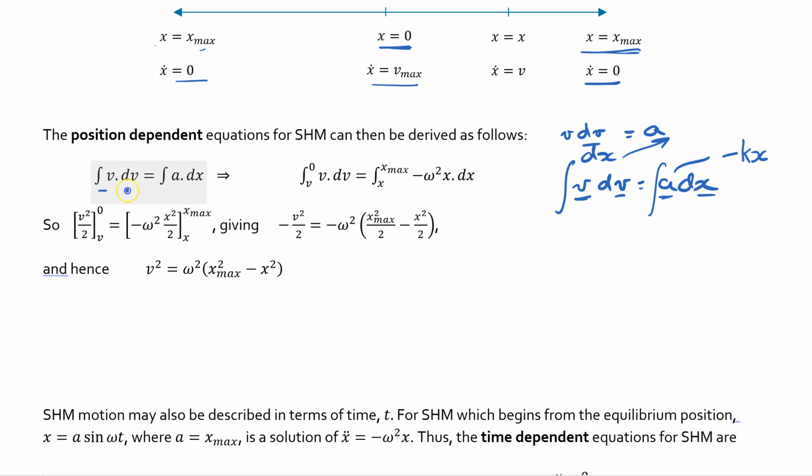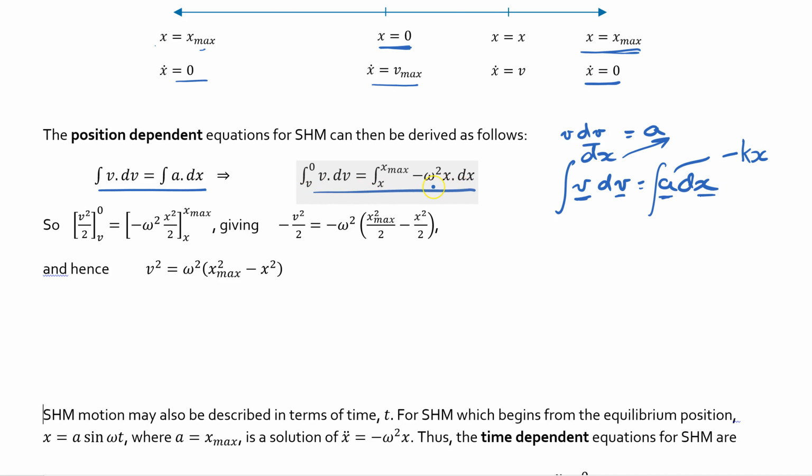So I've got that my integral here becomes this, so I put my limits in, so the particle is going to go from some value of velocity to 0 at one extreme, and it's going to go from some value of x to x maximum at the extreme, and that thing that I'm going to integrate, a, is minus omega squared x.